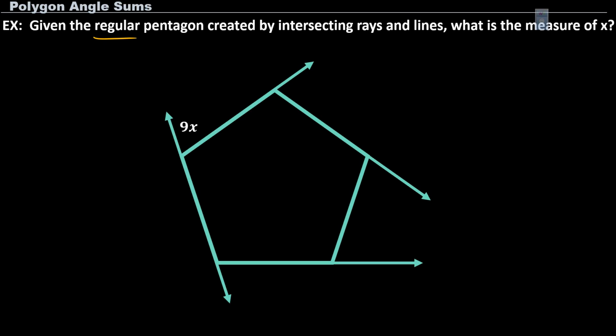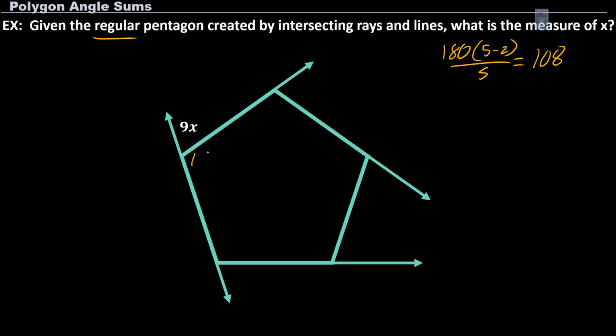Well, if this is regular, that means everything in it is congruent. And on our last slide, or 2 slides ago, we actually solved this, but we're going to do it again. 180 times 5 minus 2 over 5, which gives us, not 540, but 108 as our individual angles.